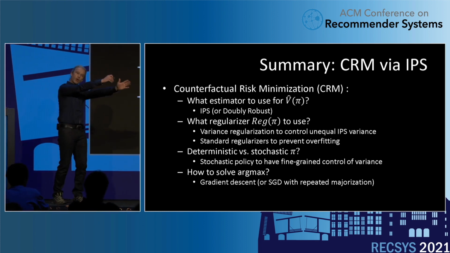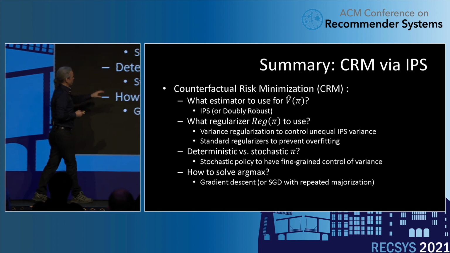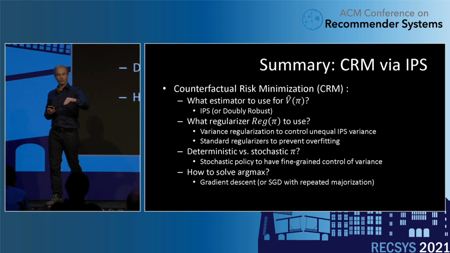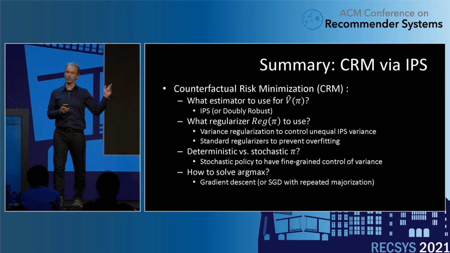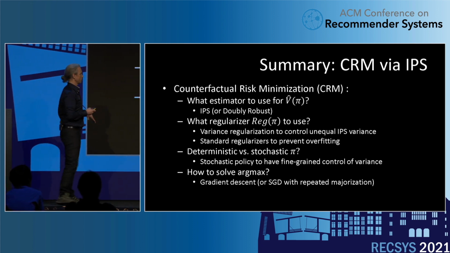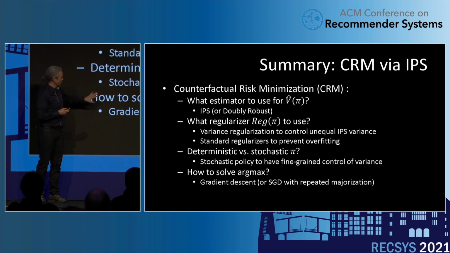You don't want to go way out there where you basically have no data. Stochastic policies are nice because they are differentiable, and that's why you can do gradient descent on this thing. You couldn't do this if you had deterministic policies, or you would have to have some surrogate loss and then do gradient descent.